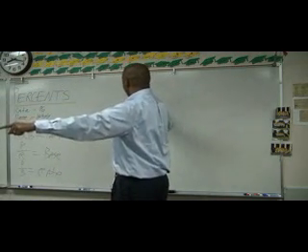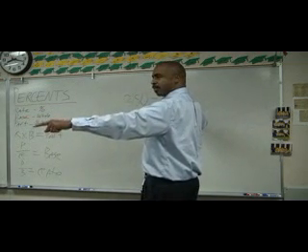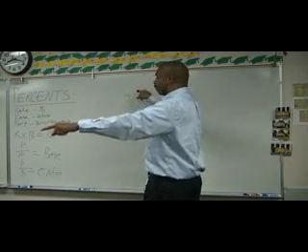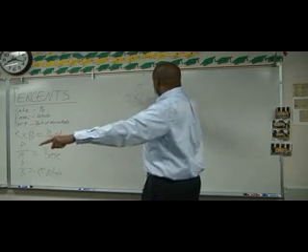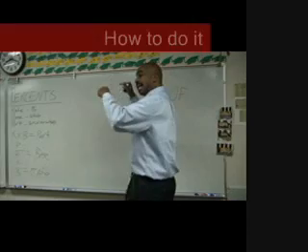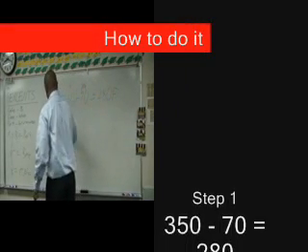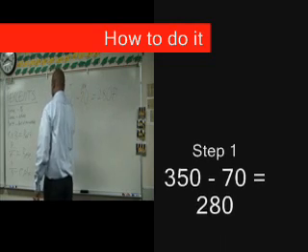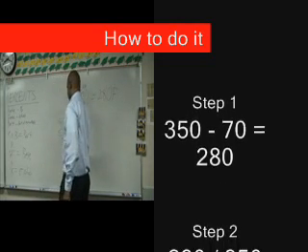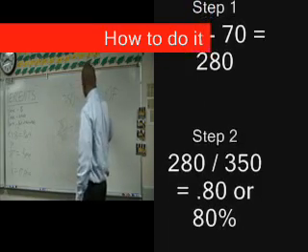See, what you have to do is subtract management from the total. Then that gives us 280 factory workers. Now, 280 is the part of the base of 350, which is going to give us 0.80 or 80%.